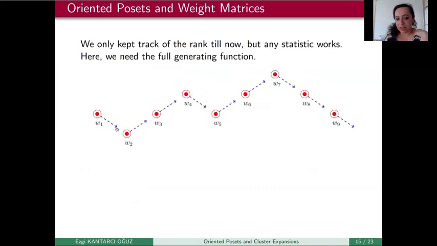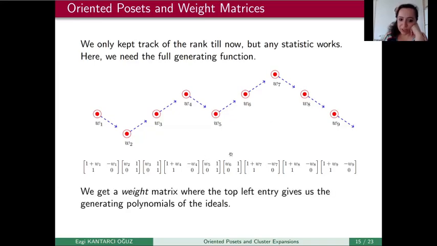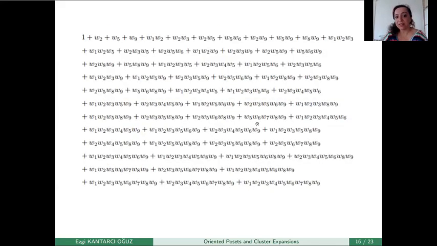And in practice, if we want to get all ideals of this connected poset, instead of queues, we just write the labels for each vertex. And then we do the multiplications. And we call this a weight matrix to differentiate. And then you can look at the top left entry, and voila, you get the generating function of all ideals, which is not fun to count by hand. So it was nice that we had the matrix formula.